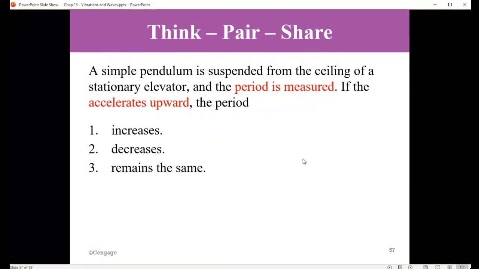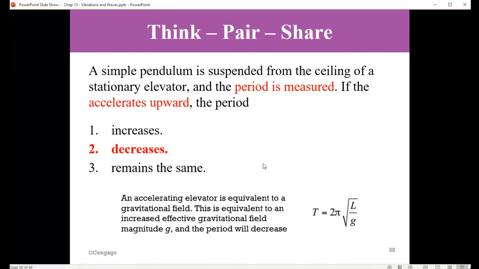So the period now will change. And as we see from this equation, when the gravitational acceleration increases due to adding up the acceleration of the elevator, the period here decreases.